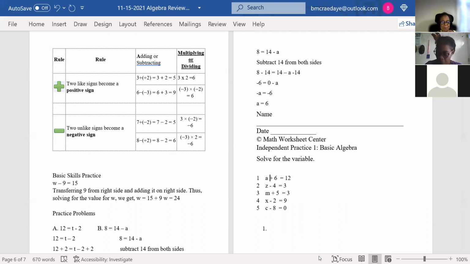Okay. Now, mental math. Got a couple of minutes. I just want you to tell me the variable. The first one, the variable is A. The second one, the variable is Z. Third one is M. 4 is X. And 5 is C. So the first one is the add. That's what a plus is, isn't it?